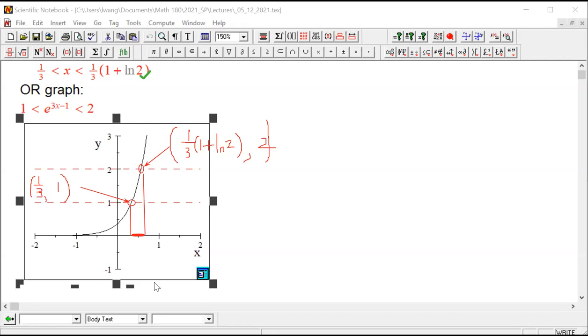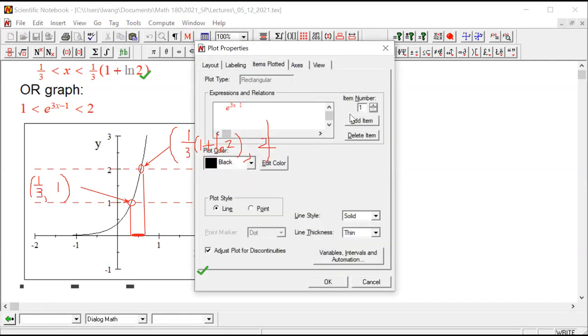Okay, so let me put the points in place. I'm adding 2 points. 1/3 comma 1. That's a point. Another point: 1/3, 1 plus ln 2, comma 2.